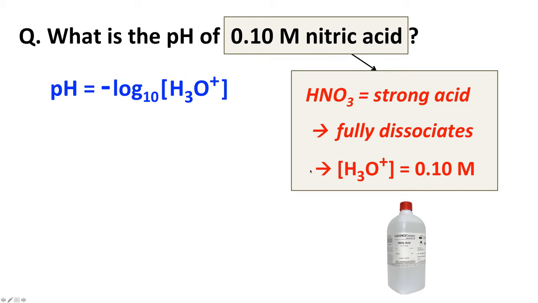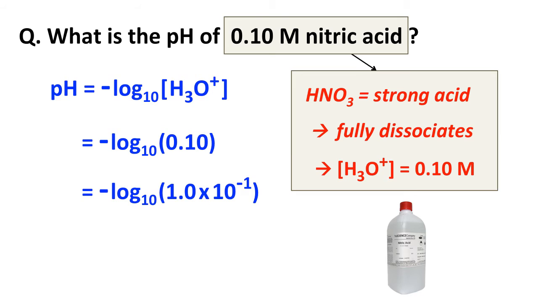So in general, we're going to have to figure out the H3O+ concentration. In the case of a strong acid, it happens to be exactly the molarity of the solution, but generally speaking, that's not something we can assume. Well, in this case, it is the case. So negative log base 10 of 0.1 molar is negative log base 10 of 1 times 10 to the minus first, kind of showing explicitly the exponent here.